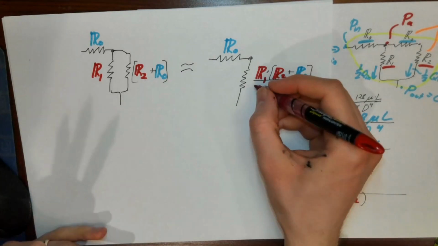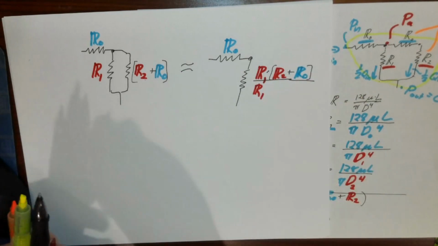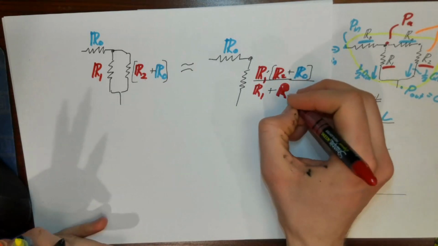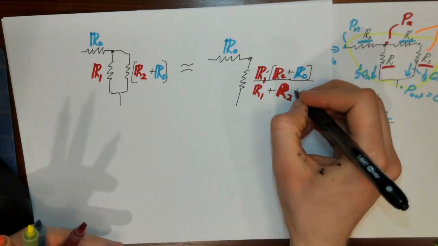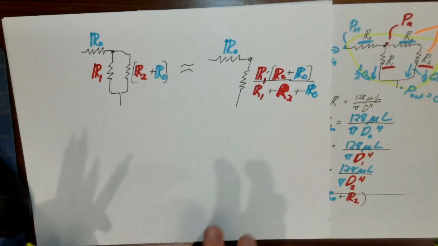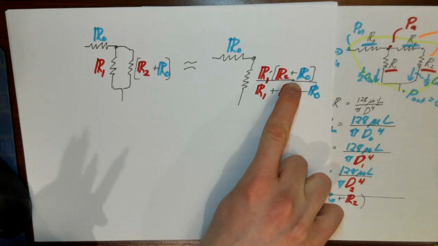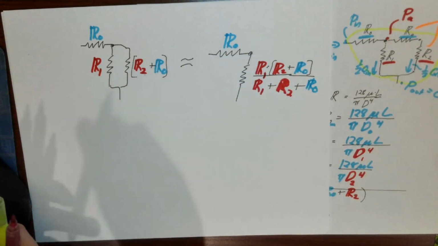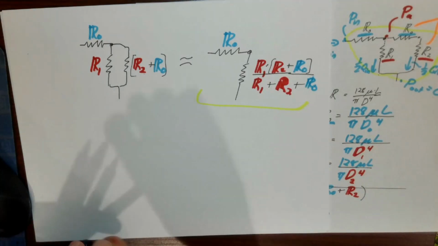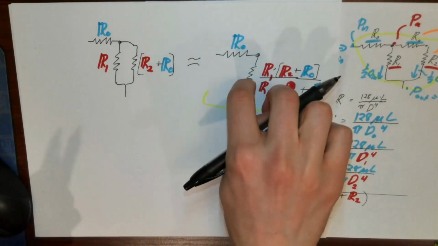So it would be R1 plus R2 plus R0 in the denominator. This is the equivalent resistance. Then this system is equivalent to these two in series.